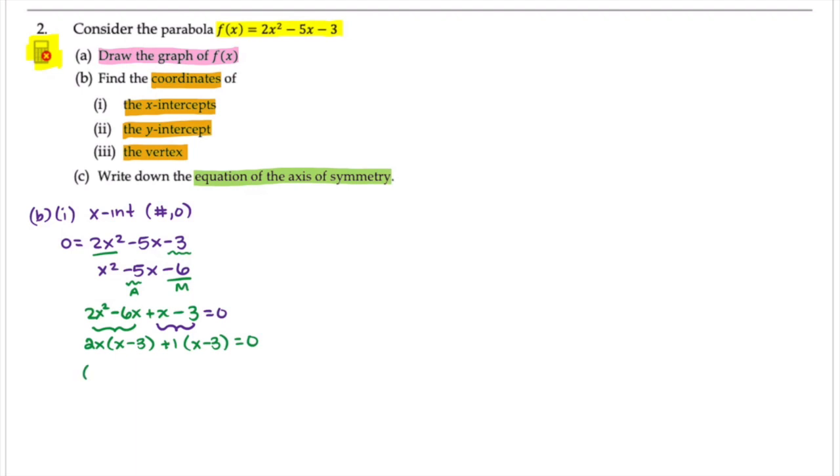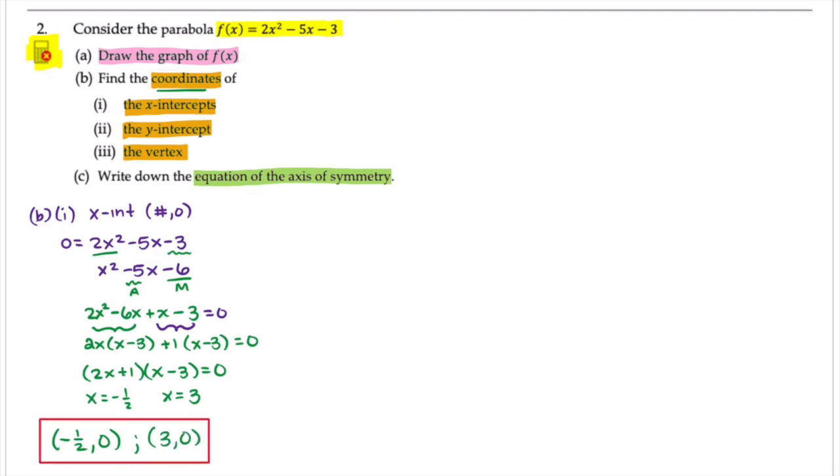And I have my two roots, my two x-intercepts, which are x = -1/2 and x = 3. Now they do want me to write the coordinates, so I'm going to write my x-intercepts as ordered pairs, (-1/2, 0) and (3, 0).